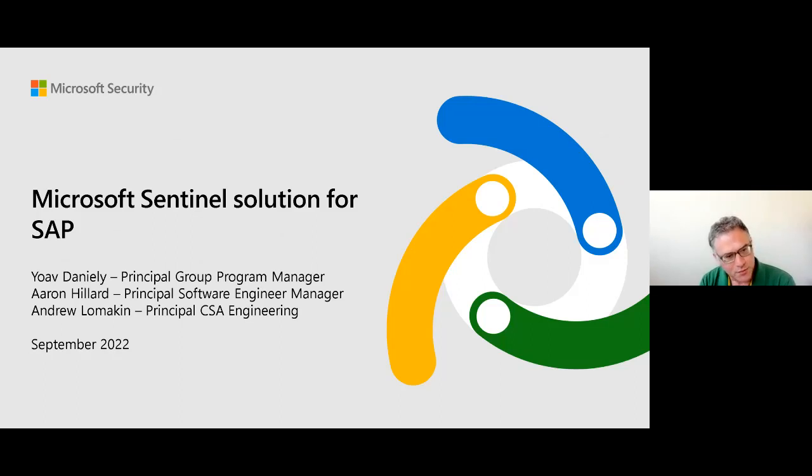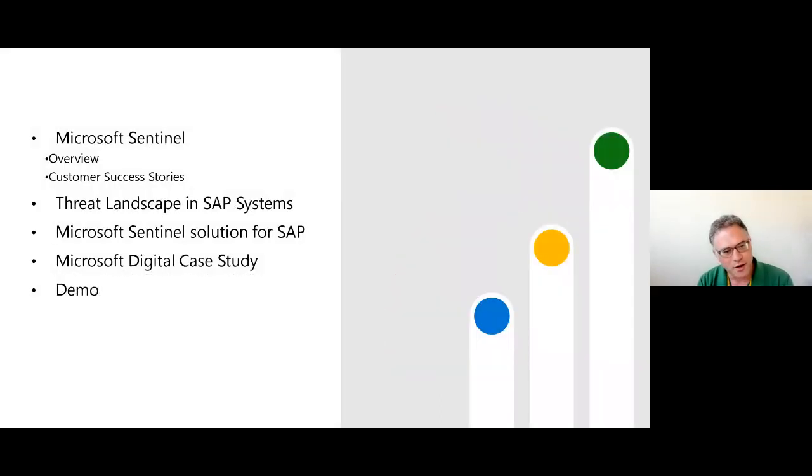So looking at our agenda for today, it's pretty packed. We're going to start a little bit with Microsoft Sentinel. I will also give a short overview of what Microsoft Sentinel is for those who join us for the first time, or for people coming from SAP expertise who are not familiar with the product.